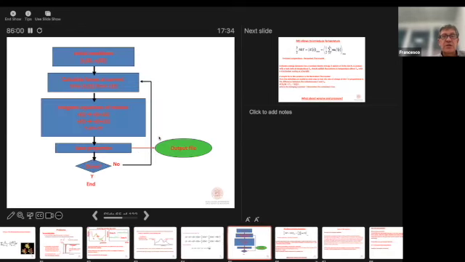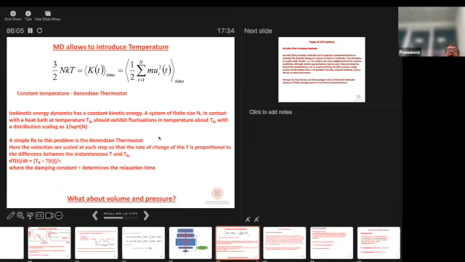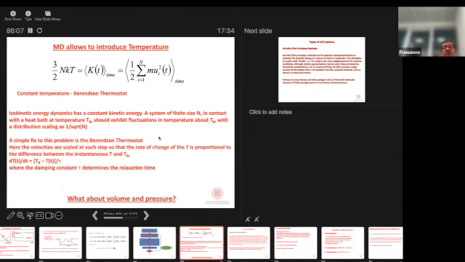This is how we integrate the equation of motion. What molecular dynamics has been able to do for the last 40 or 50 years or so is to introduce temperature, which is something that cannot usually be done in quantum chemical calculations.